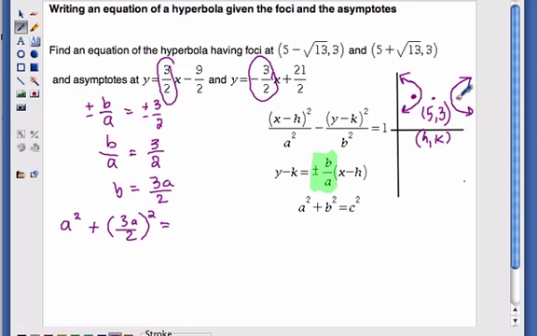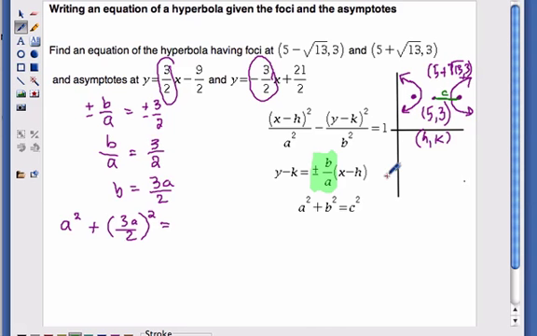I'm going to take this value here. This value right here was 5 plus the square root of 13, comma 3. And then here's this value here, (5, 3), which is our center. So I want to know the difference between these two values to find c. Okay, so if you notice, the y values are the same, so we really want to take the difference of the x values.